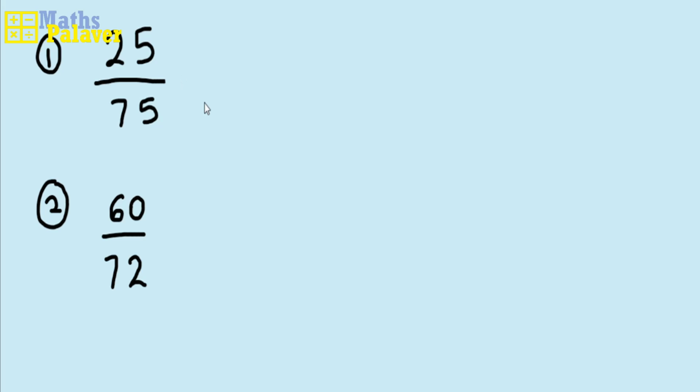On this first question, I can see that 5 is a common factor because multiples of 5 always end in 0 or 5. So I divide the top and the bottom numbers by 5. 25 divided by 5 is 5. 75 divided by 5 is 15. 5 is still a common factor.